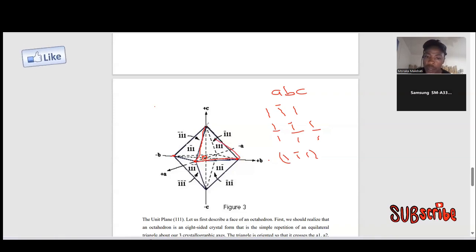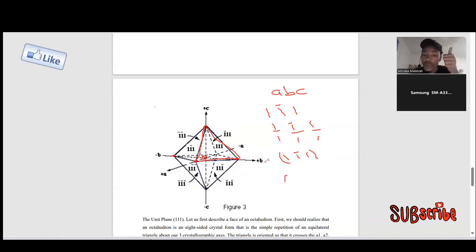Let's use this one. So, do we have intersection at A? Yes, positive A, we are fine with that. Intersection, remember, we are following those rules for determining the Miller index. The first step is taking zero frame of reference, and then also you are having the intercepts.